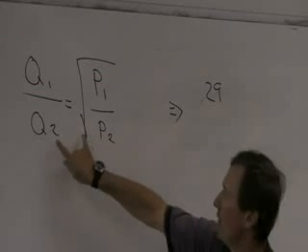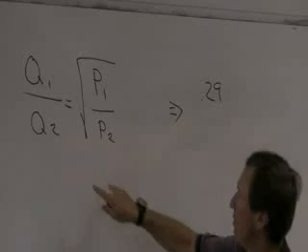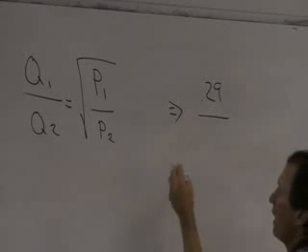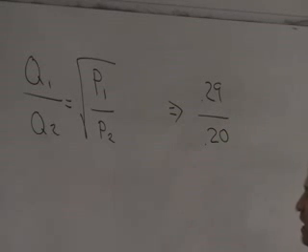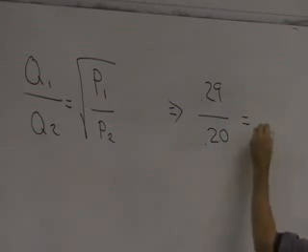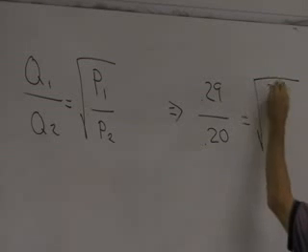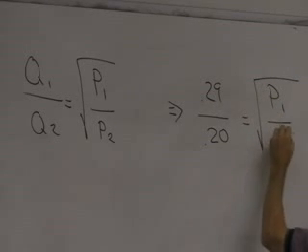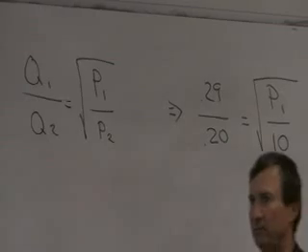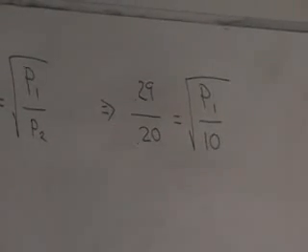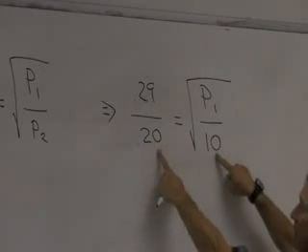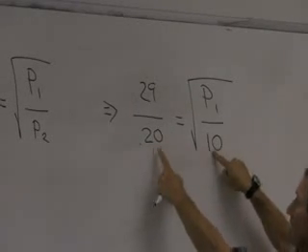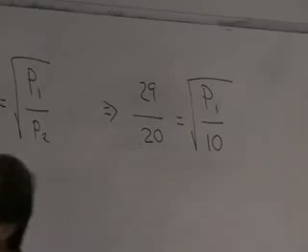I know the relationship of Q2 and P2 because I know that in order to get 0.2 gallon per minute, I've got to have 10 psi. So these are my nozzle specs right here. 0.2 gallon per minute and 10 psi. Comes right off of this chart.